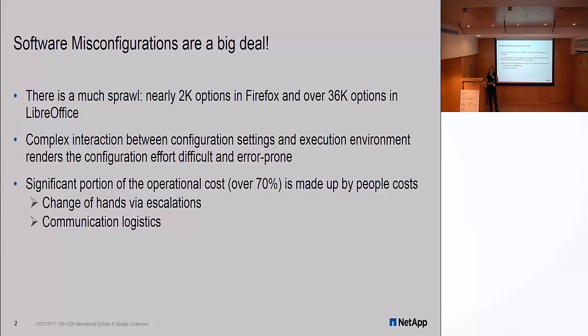That wastes a lot of substantial, important time, which is business time for the customer and also for the company. Secondly, communication logistics. We are talking about misconfiguration across geography, where the customer support might be in India and the customer might be in the US. So time zones, communications, getting the data, customer giving a clarification, a lot of that eats up a lot of time. And we wanted to ease this whole workflow in NetApp.